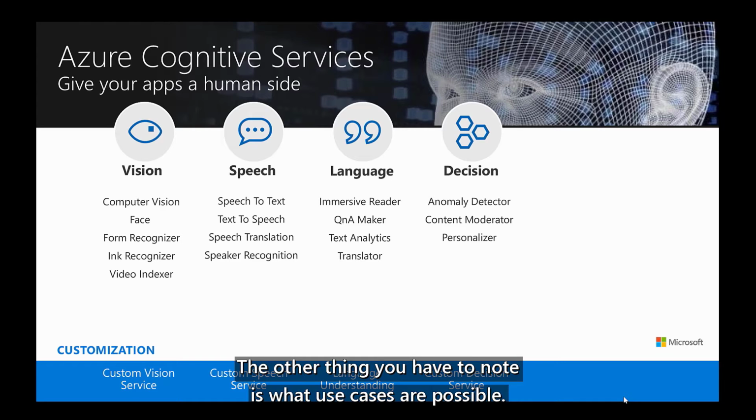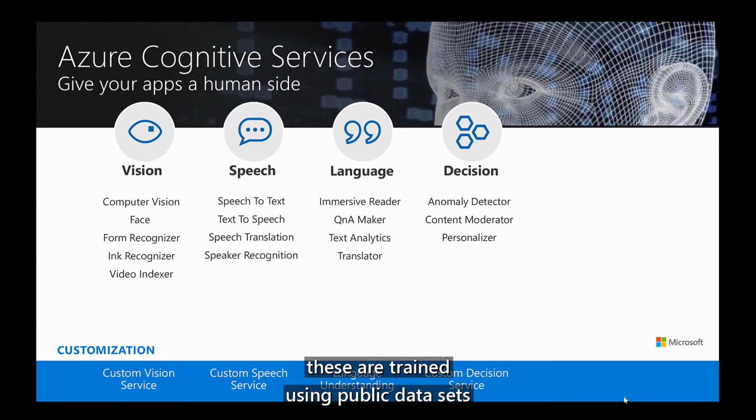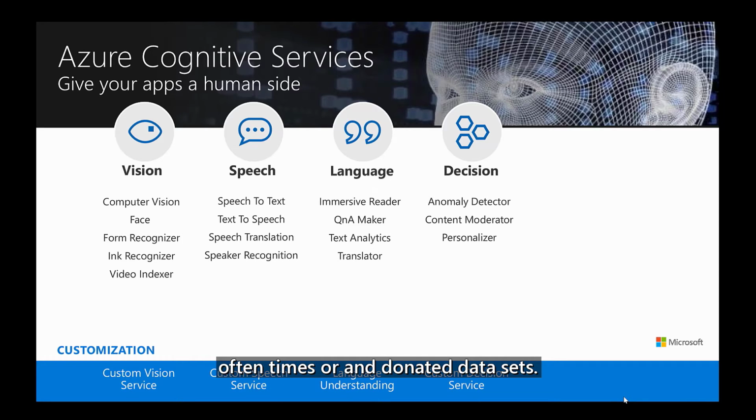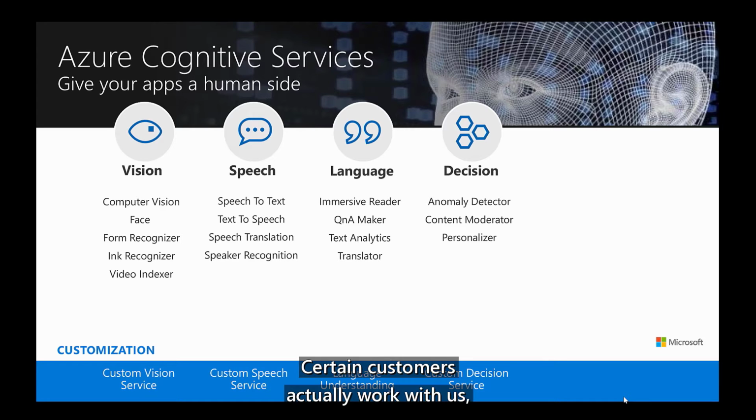The other thing to note is what kind of use cases are possible. Most of these cognitive services are trained using public data sets oftentimes, and donated data sets. Certain customers work with us and, to improve our AI models, are willing to donate their data sets.